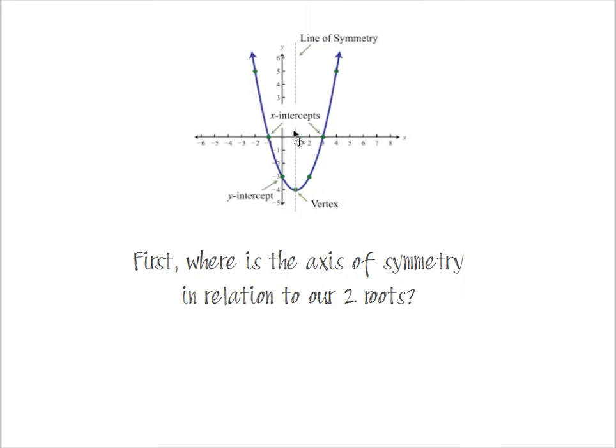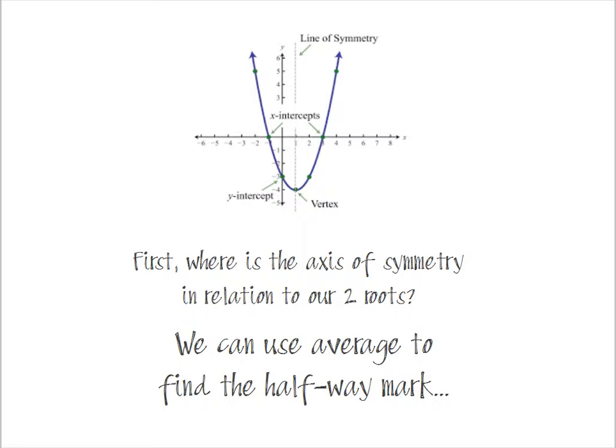If you're looking at these two x-intercepts, I have an x-intercept at -1 and another at +3. Where is the axis of symmetry in relation to those two points? It just happens to be halfway in between our two x-intercepts. Now in math, it's really easy to find a value that's halfway in between two numbers.